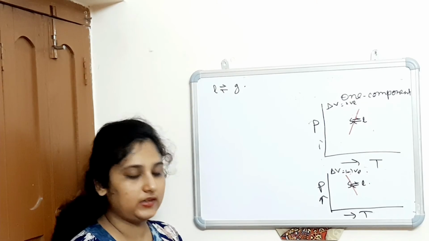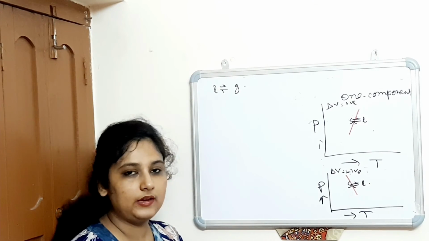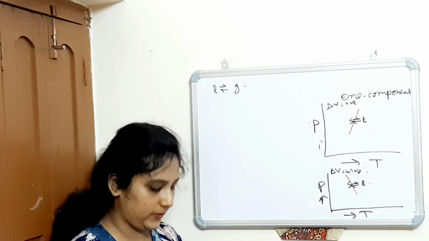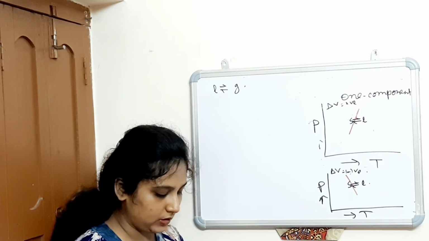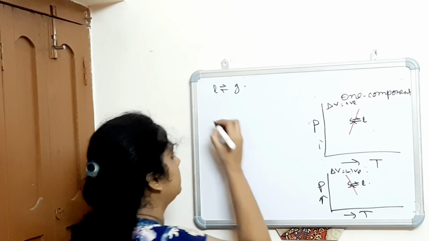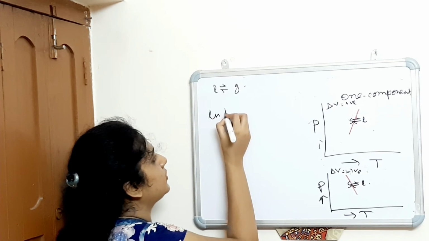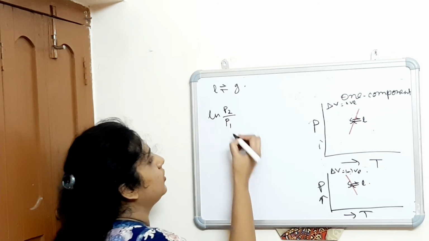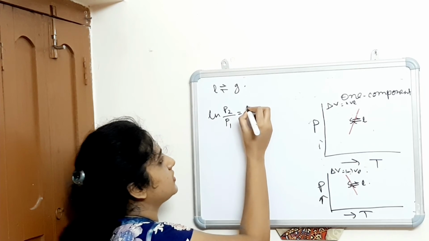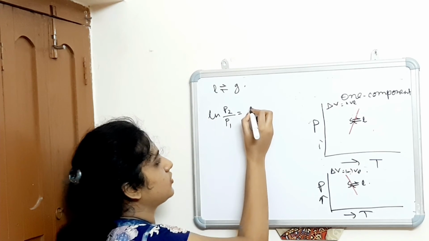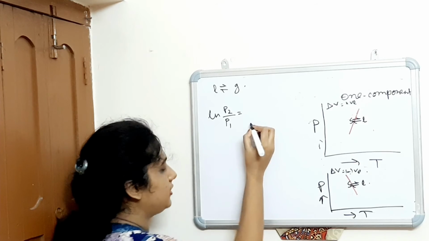Now second is the liquid gas equilibrium. For the liquid gas equilibrium curve, we have to consider the Clausius-Clapeyron equation, because the approximation made to derive the Clausius-Clapeyron equation is based on the liquid gas and the solid gas curve.